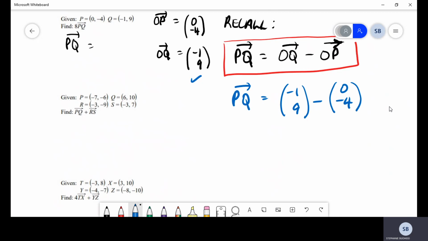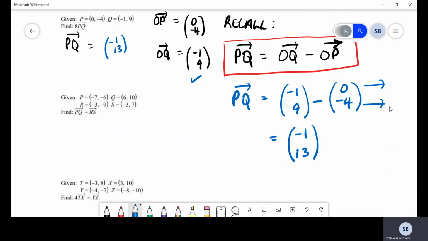And when you are calculating vectors like this, you want to work across. So you'd say -1 subtract 0 gives you -1 on the top. And then working across on the bottom gives us 9 subtract -4. That's 9 plus 4, that's 13. Therefore, the answer for PQ is -1, 13.